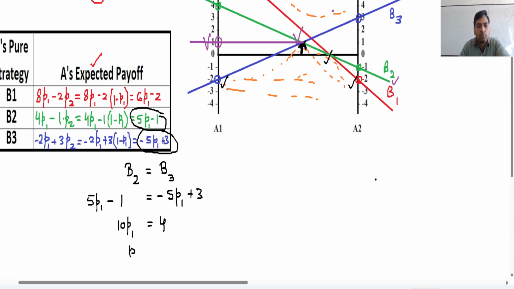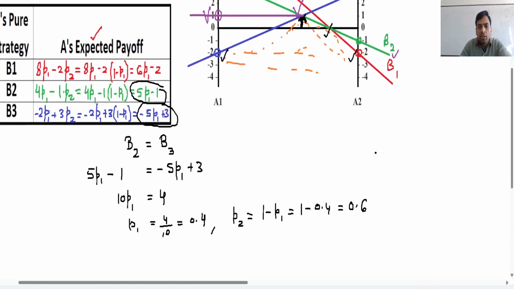So P1 is equal to 4 upon 10, that is 0.4. With the help of this, we can find P2 also. So P2 is equal to 1 minus P1. So we can find 1 minus 0.4. So the value of this is 0.6.